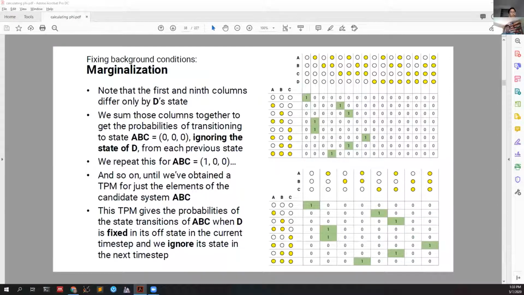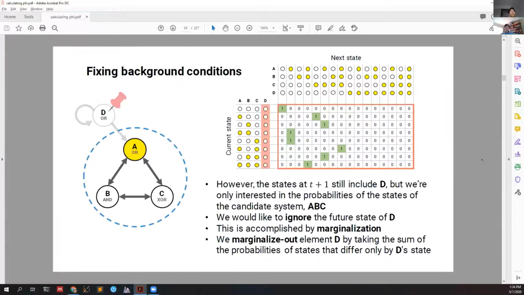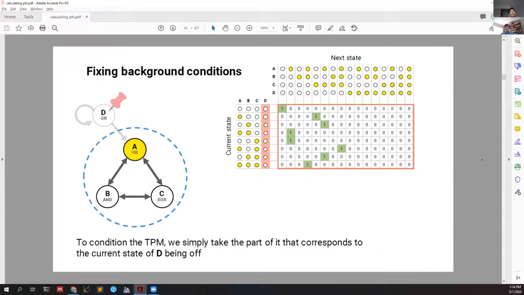Does Ariel want to take up and also answer, as you already did in the chat? Yeah, sorry everyone. We just had some good questions. One question was, when we're talking about background conditions like D here, and we are setting them as external, on what grounds are we defining it as external? I was saying that we have just decided, in this circumstance, to define it as external and ignore it for this purpose.